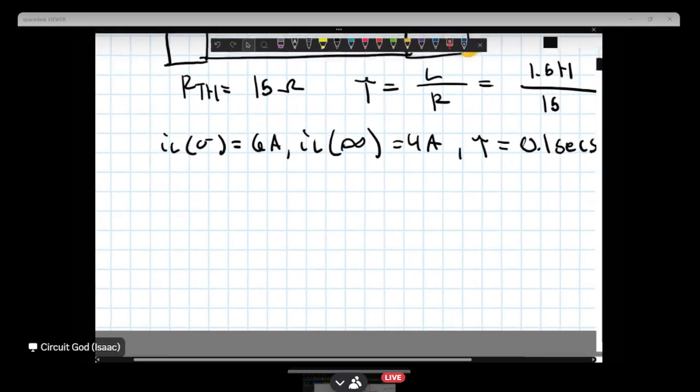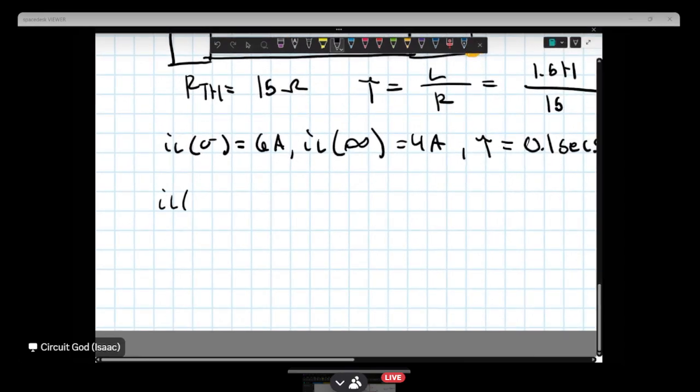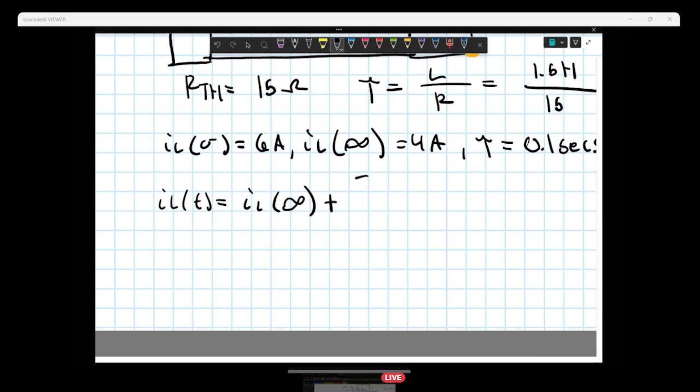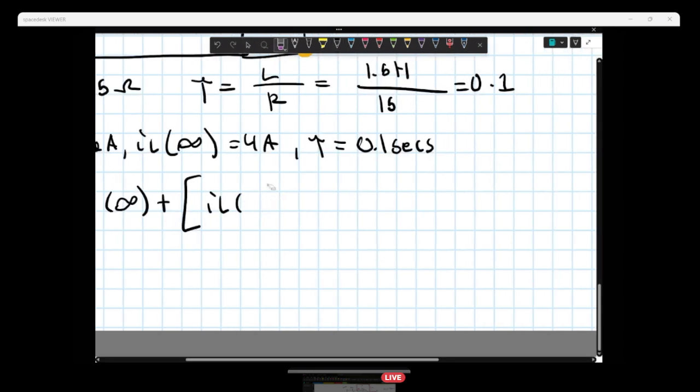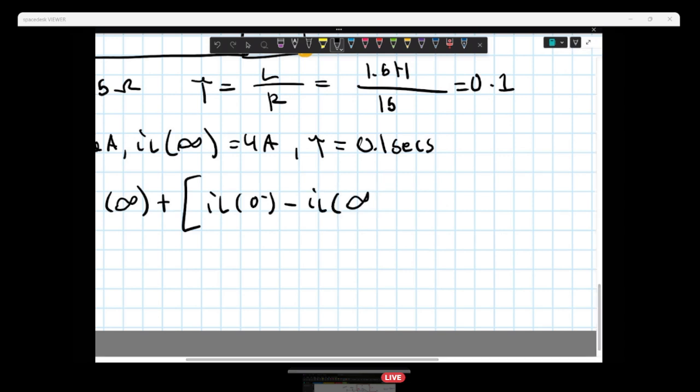So when we write the equation, I_L of t is going to equal I_L of infinity plus I_L of 0 minus minus I_L of infinity, times e to the minus t over tau.